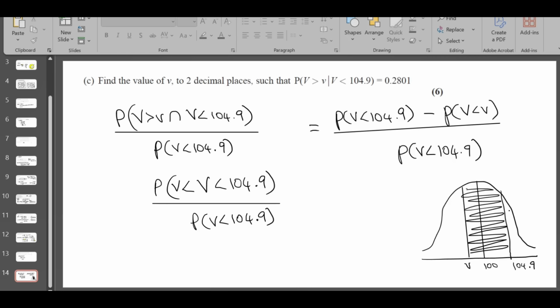Hope you understand this. We have already calculated the value of V is greater than 104.9 in the previous part, which is 0.0250.